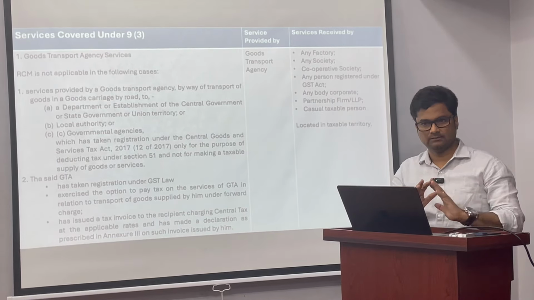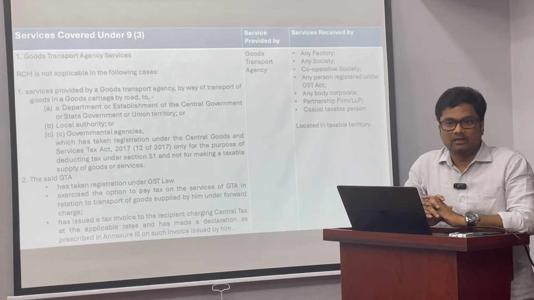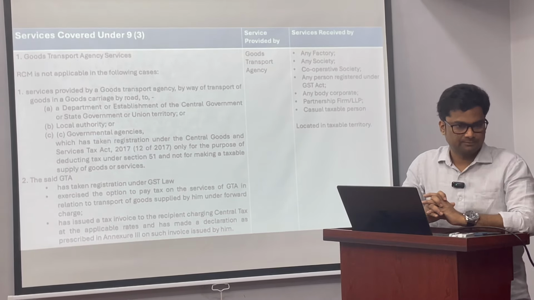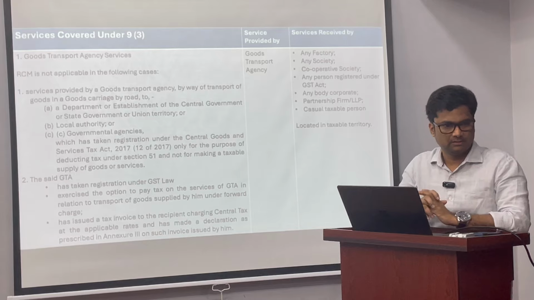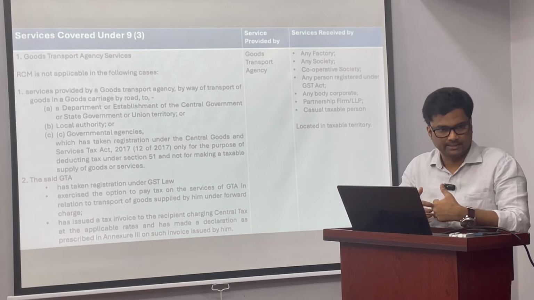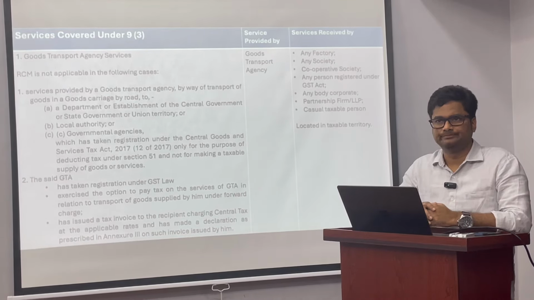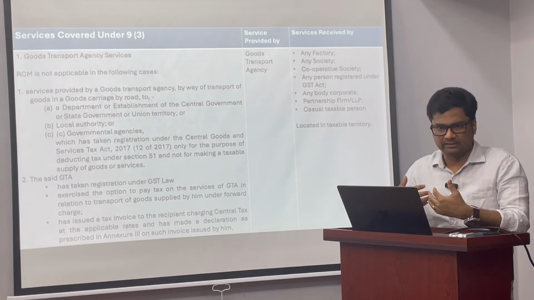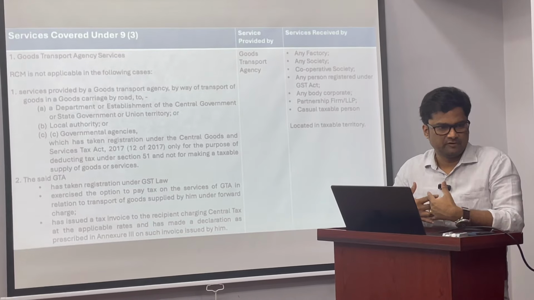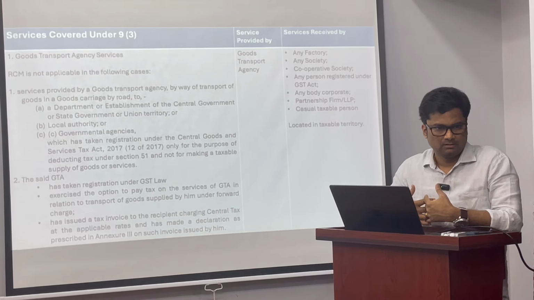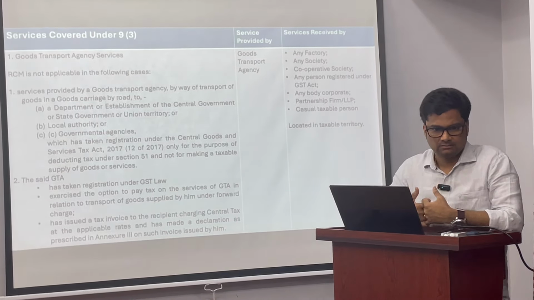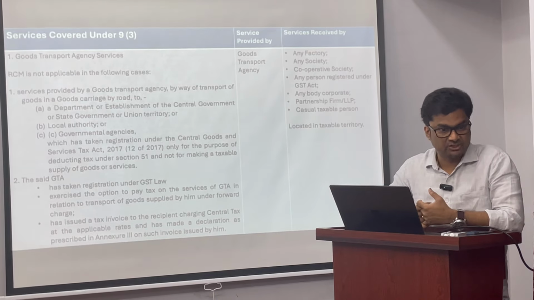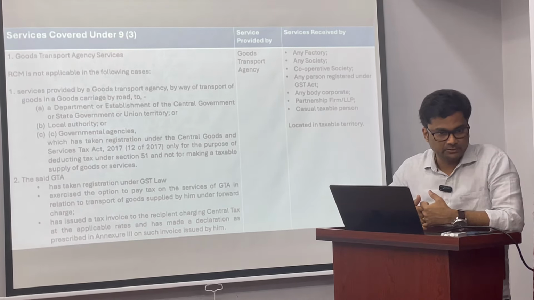I'll give a live example. We have one client called Indian Naval Canteen Stores Department. We are providing services. Monthly we raise a bill for an X amount. They are a government organization, establishment, Indian Navy, Ministry of Defense, PSU, public sector.